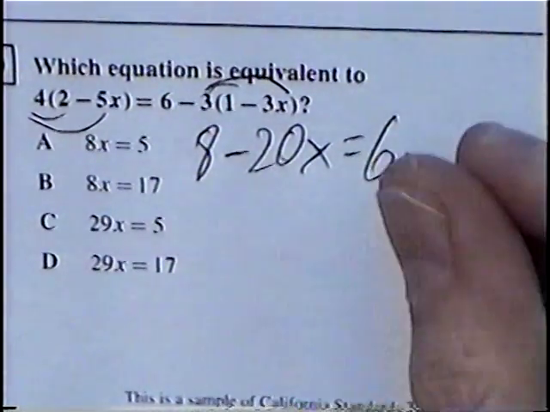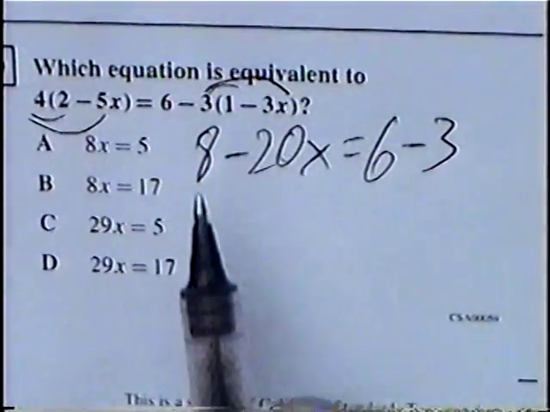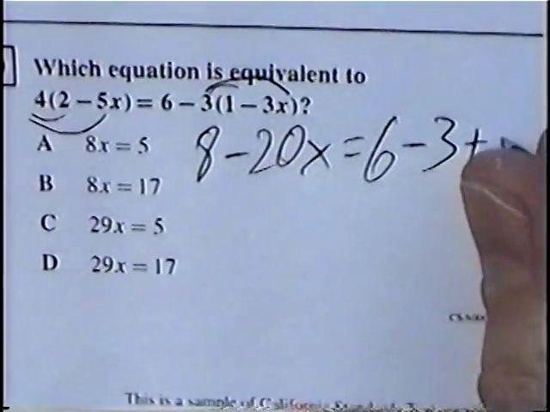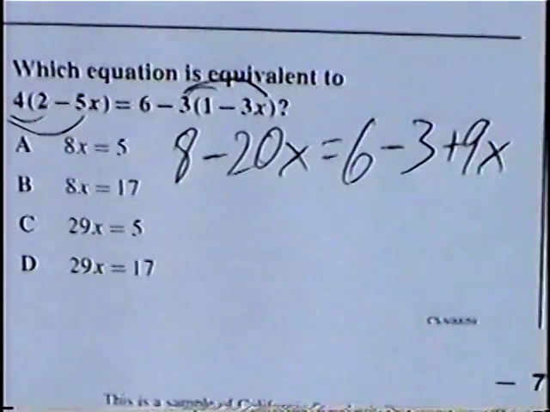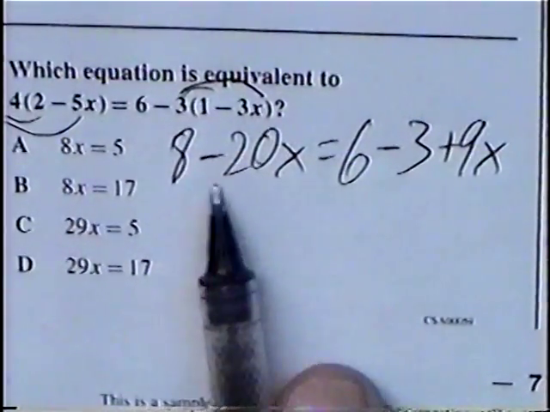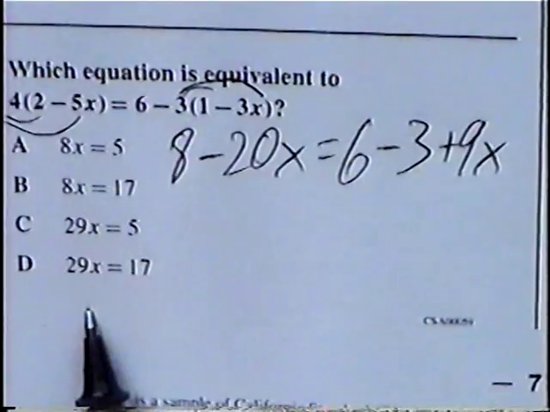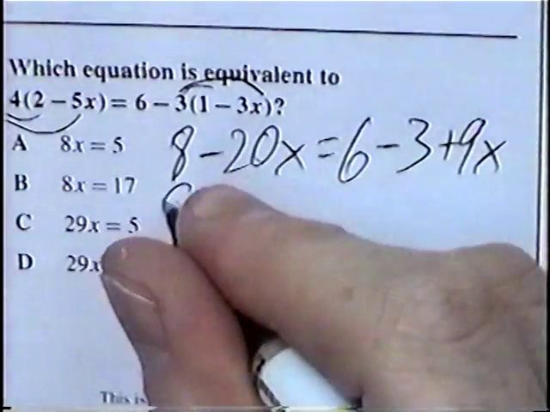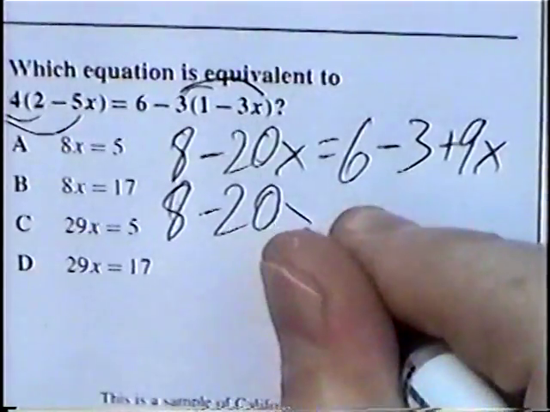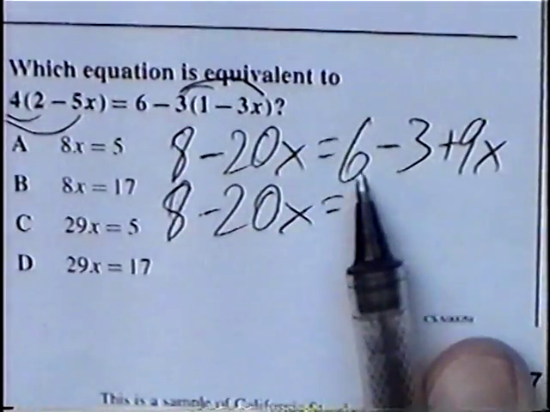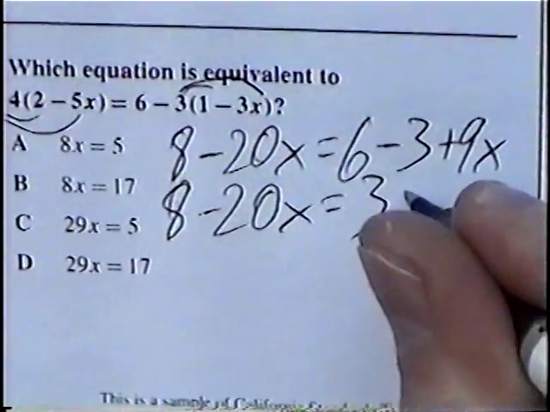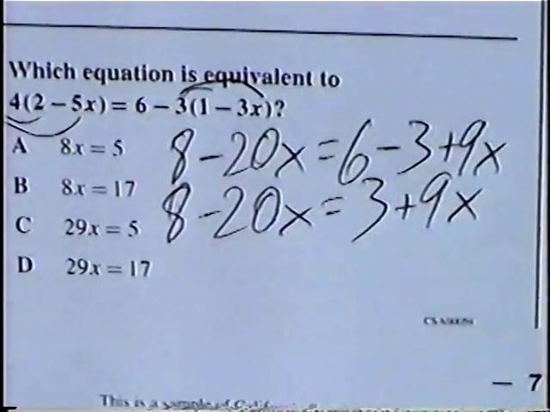Negative 3 times 1 would be minus 3, and negative 3 times a negative 3x would be positive 9x. The first step does not match up with any of the answers, so we can continue to simplify. 8 minus 20x would stay the same. Combining like terms, 6 minus 3 would be 3, plus 9x.